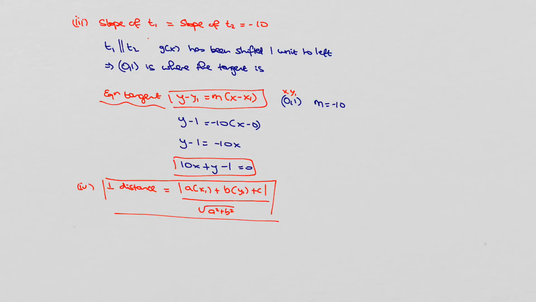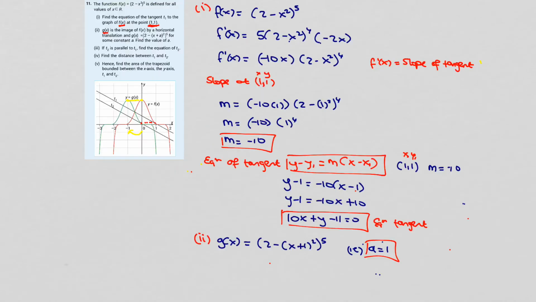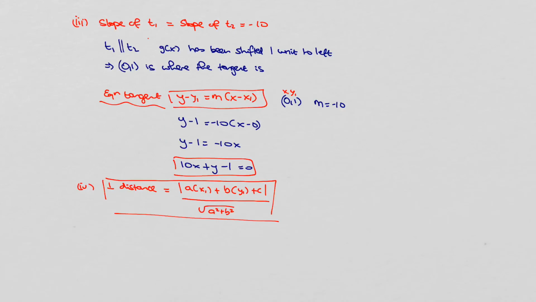So of course we pick one of our equations, and we find a point on the other line. So if we were to take the equation of the first line, t1, where we said that that was 10x plus y minus 11 equals 0. Sorry, so we have 10x plus y minus 11 equals 0.